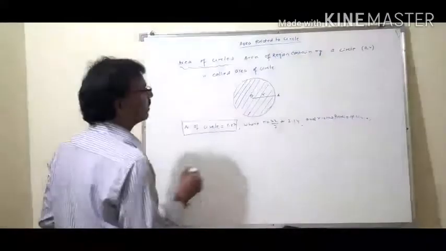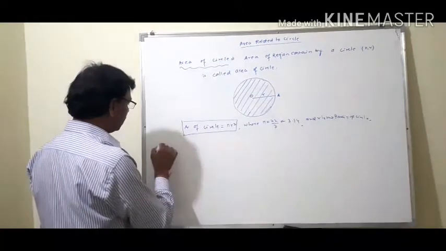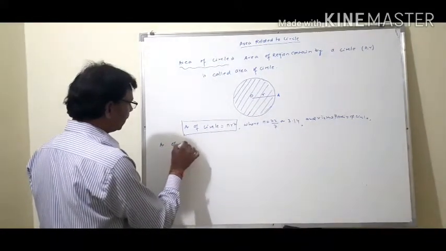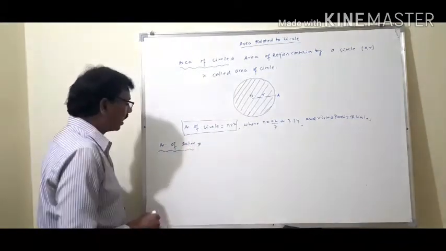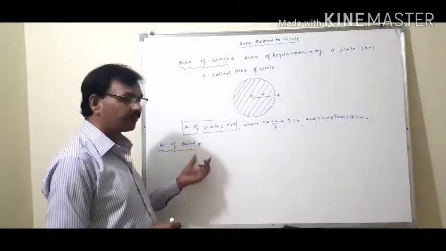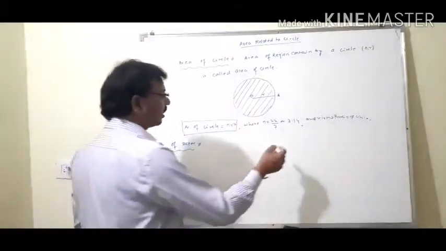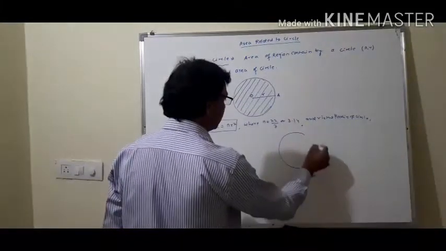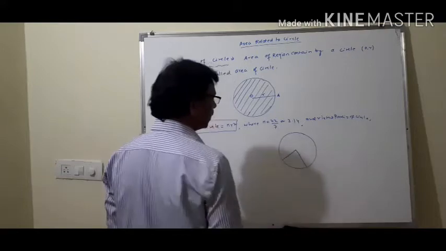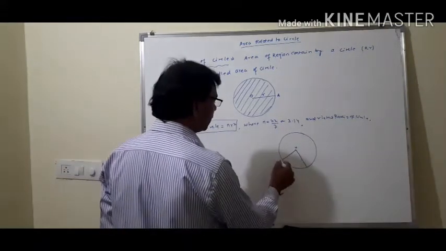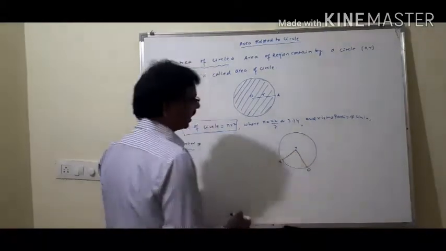In this chapter, we will also discuss the area of a sector. First, try to understand what a sector is. A sector means the area contained by two radii of a circle and the arc of the circle.